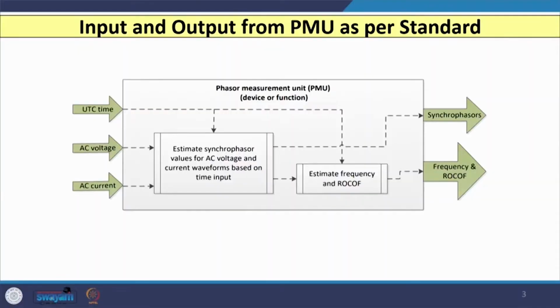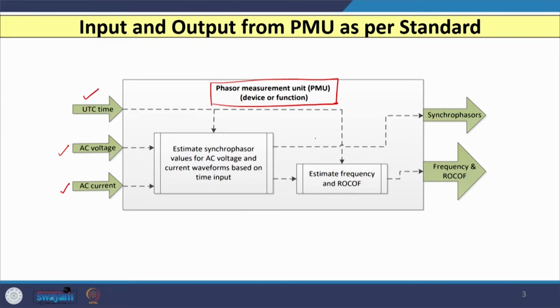So, if I consider this as our phasor measurement unit which we are discussing, then the input given to this phasor measurement unit is in terms of AC voltages, usually bus voltages, and AC currents, usually feeder currents of all the feeders connected to the substation, and the third is the universal time clock signal.